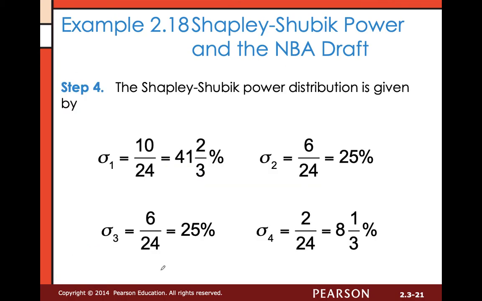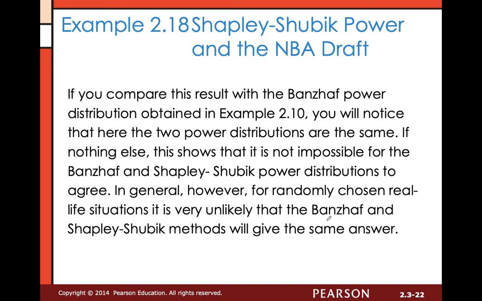So the Shapley-Shubik power distribution is given by the following. Sigma 1, you take the 10 times that they were pivotal, divided by the 24 total possible, is 41 and 2/3 percent. For player 2, 6 divided by 24 is 25%. That would be the same for player 3. And sigma 4 for player 4, 2 out of 24 is 8 1/3%, so 8.3%.